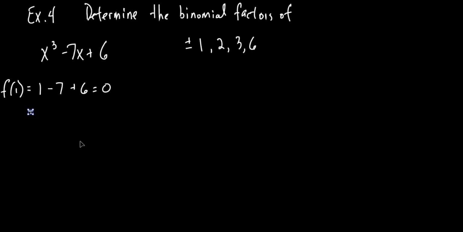So that means what? That means that 1 is a factor, well, not just 1, but what? Remember, it's x minus k. Remember that? X minus what? 1. X minus 1 is a factor of this thing right here. Okay, so x minus 1 is a factor.